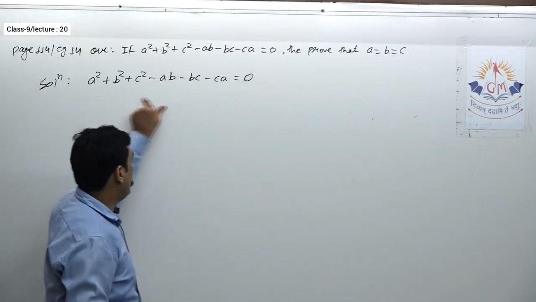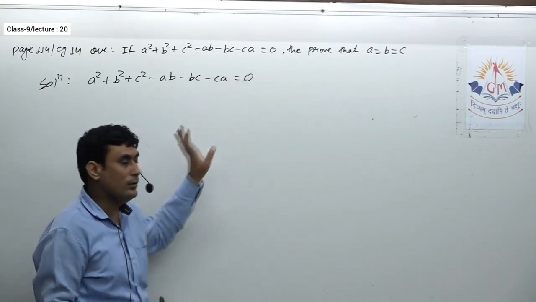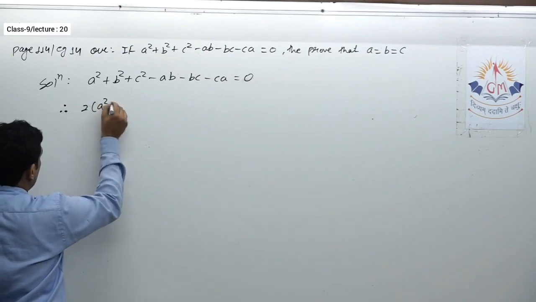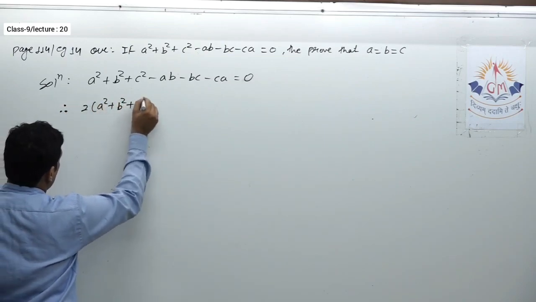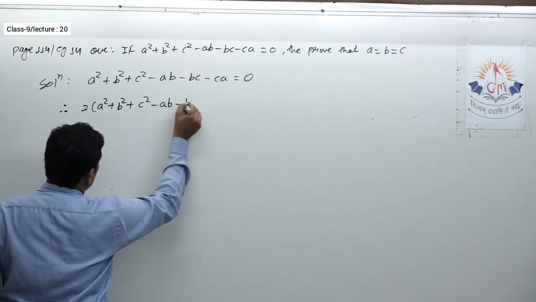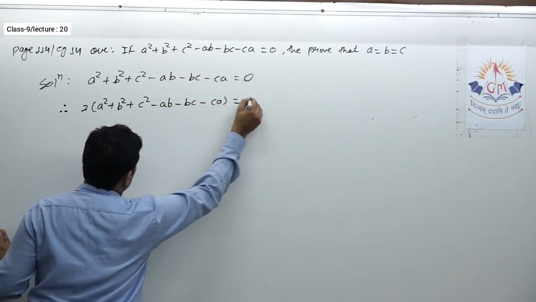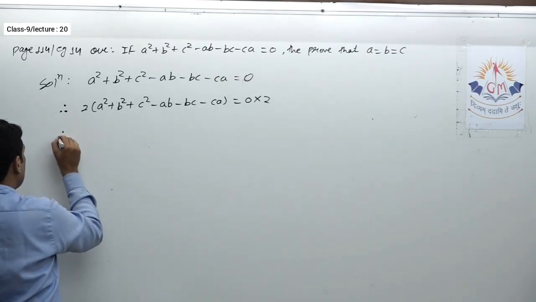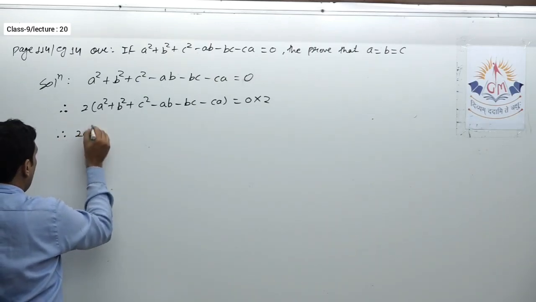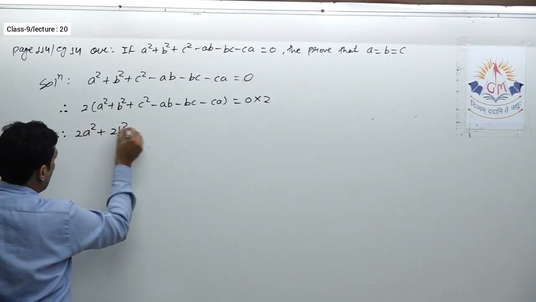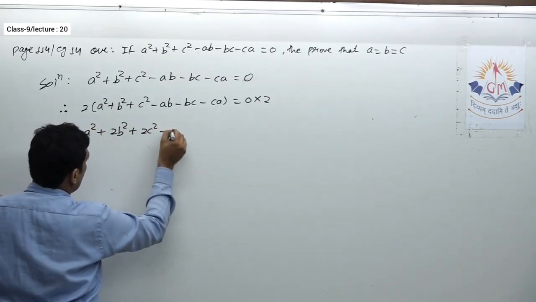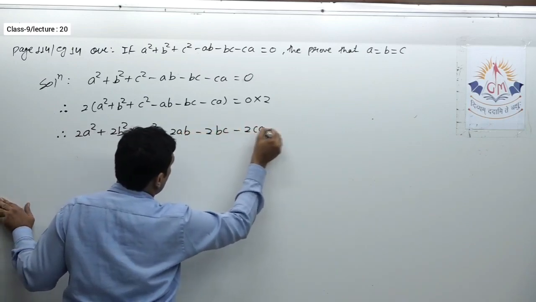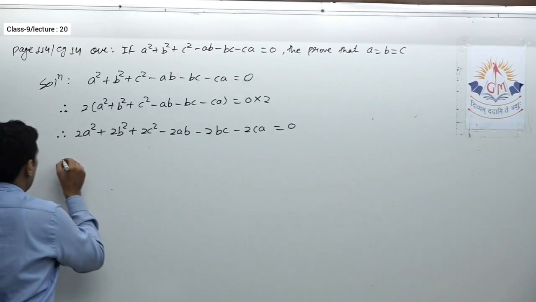So before I proceed, I will multiply both sides by 2. Therefore 2 into a square plus b square plus c square minus ab minus bc minus ca is equal to 0 multiplied by 2. So this gives you 2a square plus 2b square plus 2c square minus 2ab minus 2bc minus 2ca is equal to 0.